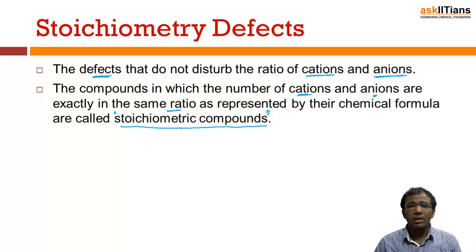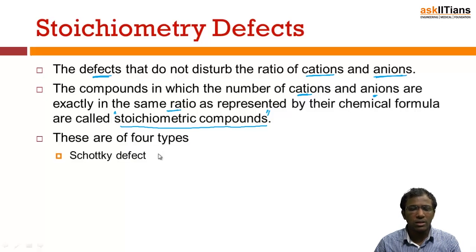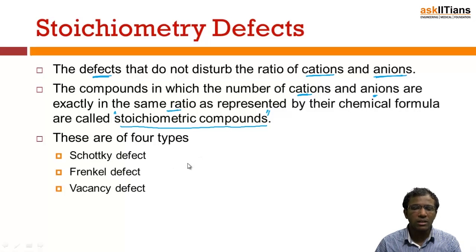Stoichiometric defects do not alter the stoichiometry of the compound, and that's why the name. These defects are of four types: Schottky defect, Frenkel defect, vacancy defect, and interstitial defect. Let's discuss these four defects one by one.